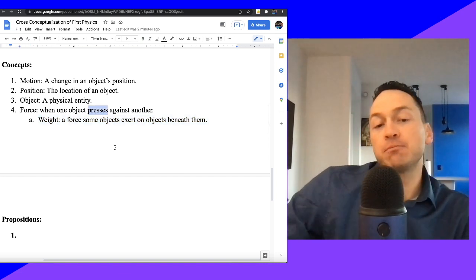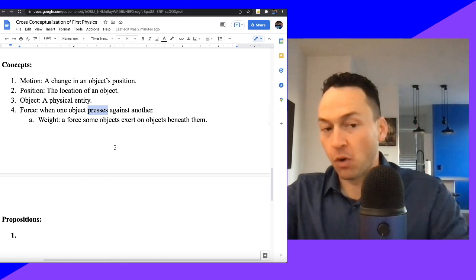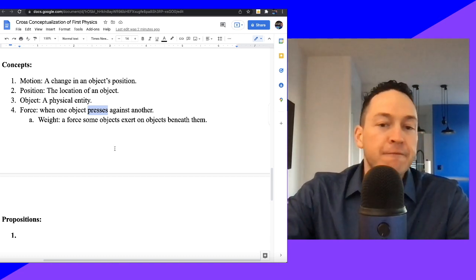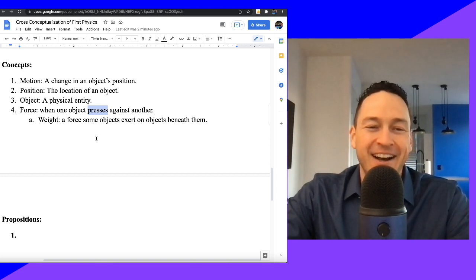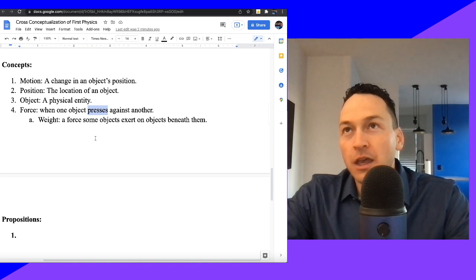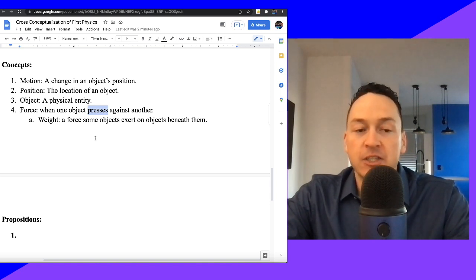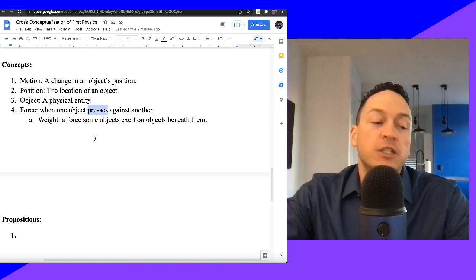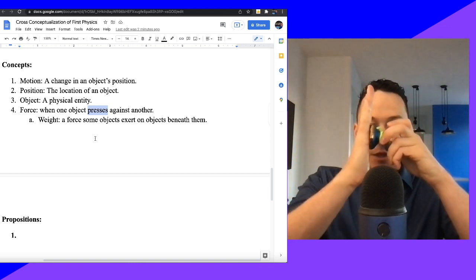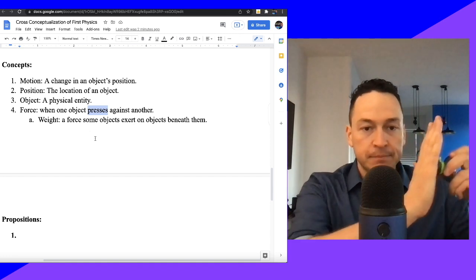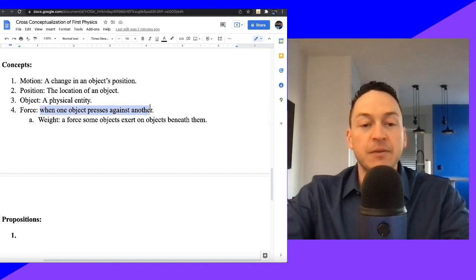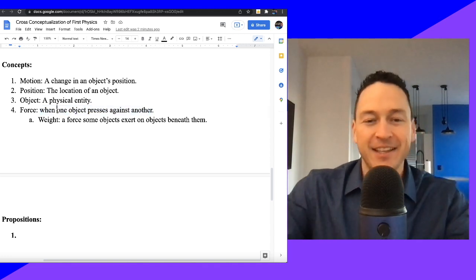Now, what's interesting is pressing simply means force. So that's a red flag. We're defining force in terms of itself, basically. So this is one of those cases where you have an ostensive definition. You simply say, okay, this is force, okay? Force is when one object, so that's not a great definition.